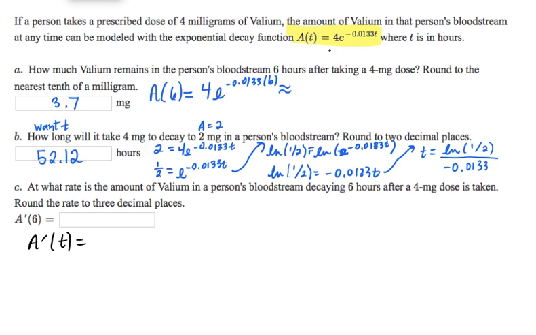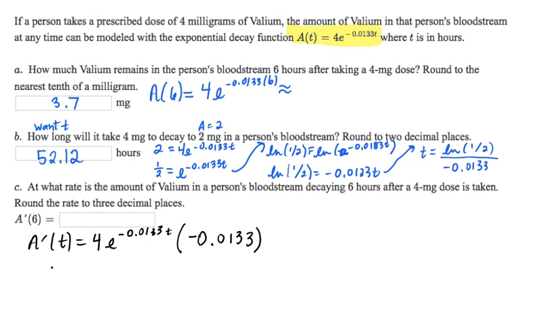So the 4 just hangs out front, so it's 4 times the derivative of e to the negative 0.0133 t. Well, the derivative of e to a function is e to itself, so e to the negative 0.0133 t times the derivative of that exponent, which is negative 0.0133. That's just the coefficient of that t right there.